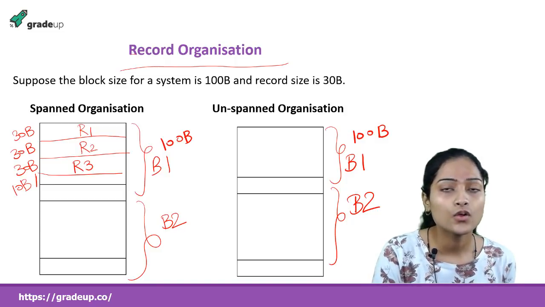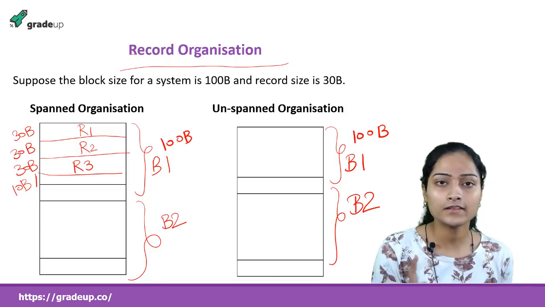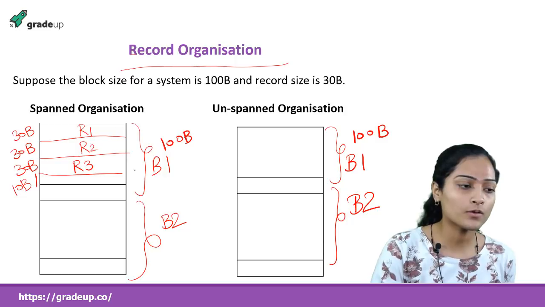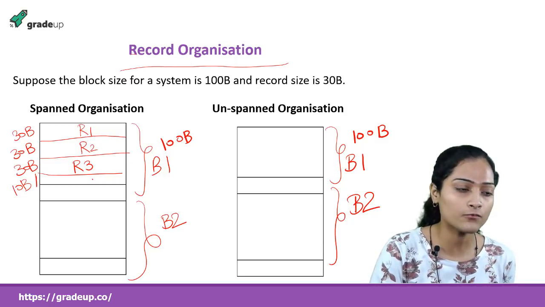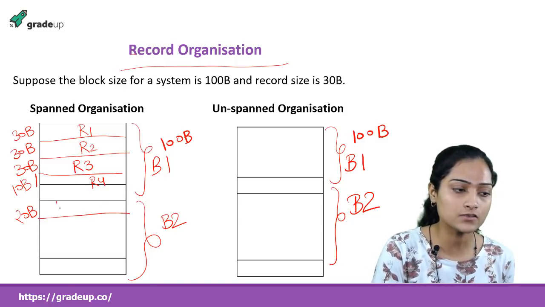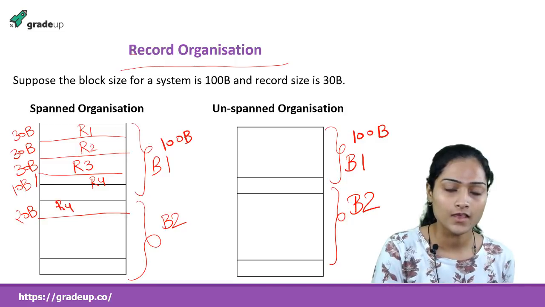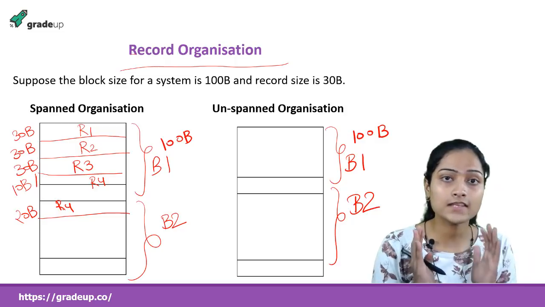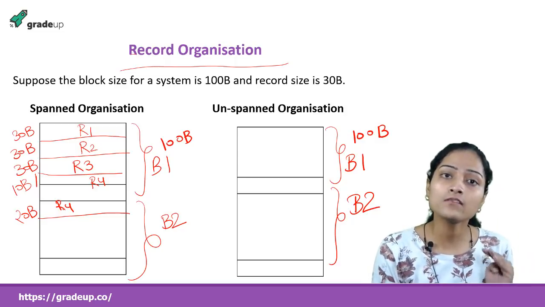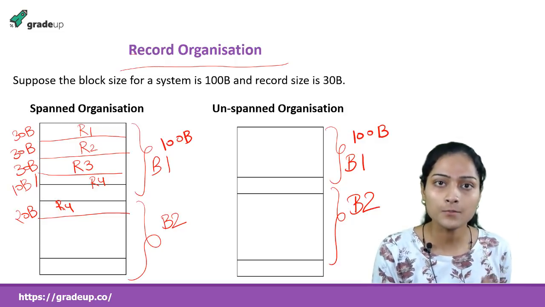Is it allowed? No. But there may be one case where I can divide this record R4 into parts, that is, 10 bytes of record R4 I can store here, and 20 bytes of record R4 I can store there. So I am storing a single record into more than one block to save the memory.